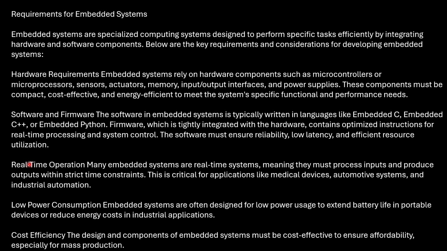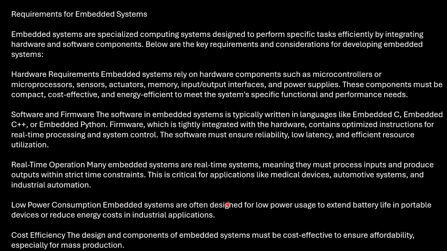Real-time operation. Many embedded systems are real-time systems, meaning that they process input and produce output within strict time constraints. This is critical for applications like medical devices, automotive systems, and industrial automation. Low power consumption.